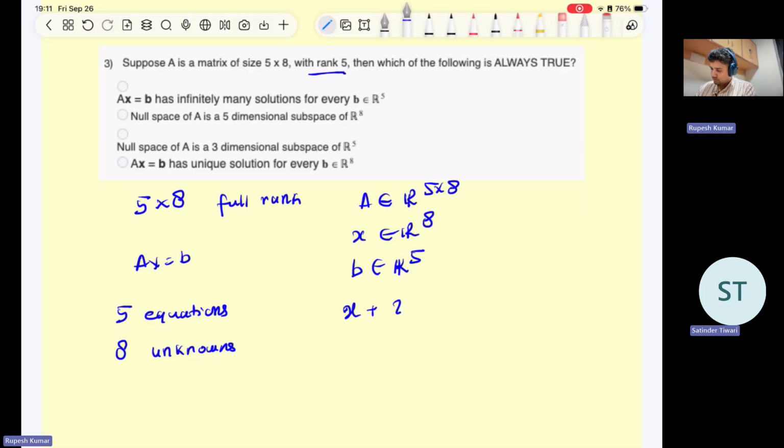The total solution will be a particular solution plus whatever contribution the null space gives. If the null space gives only the trivial zero solution, then a unique solution will be there. But I think it is underdetermined, so only two cases will be possible.